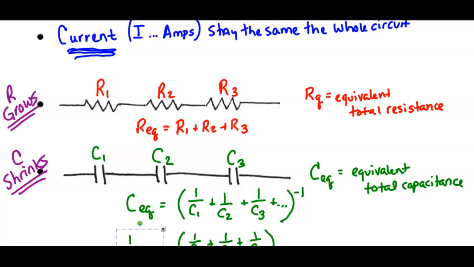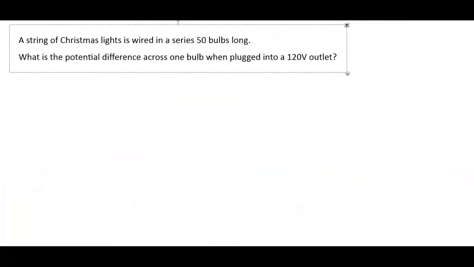Okay, so before we go into trying problems on our own, let's try a problem together. I have an energy source, and attached to that energy source is a string of Christmas lights.